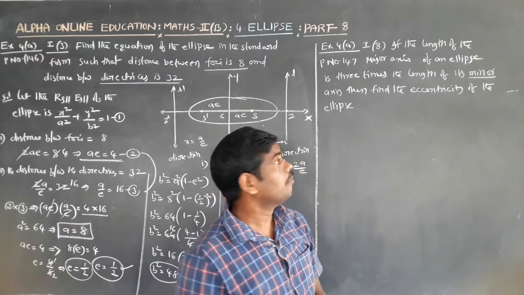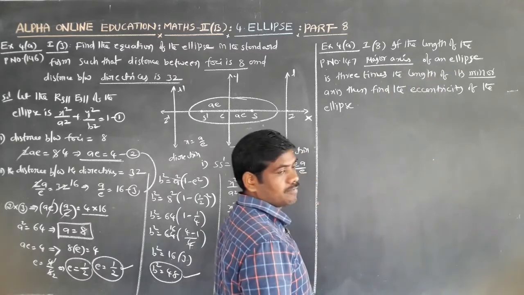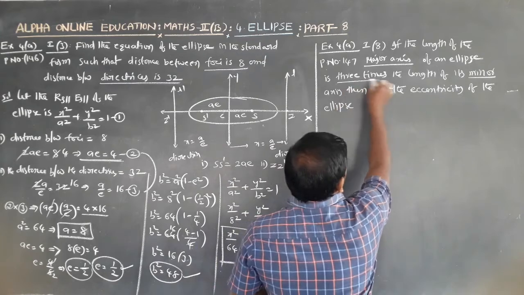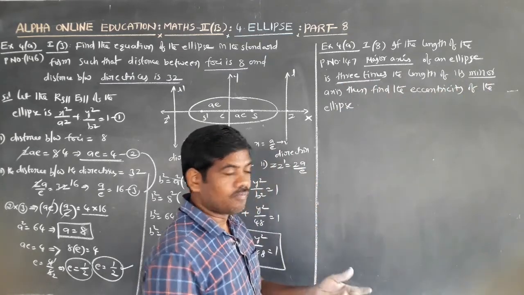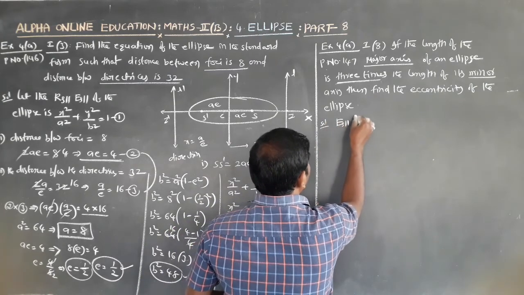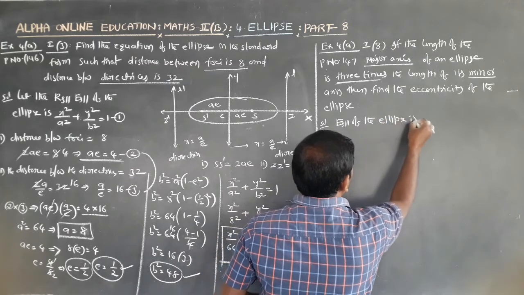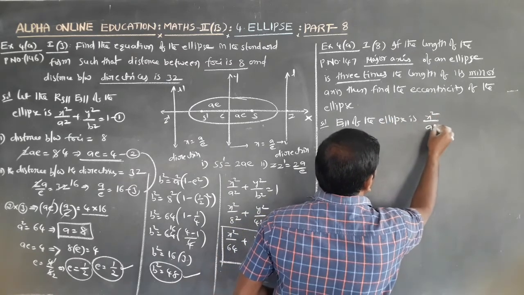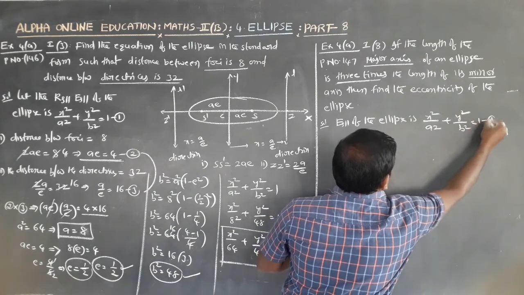Length of the major axis of an ellipse is 3 times the length of its minor axis. Find its eccentricity. Here the equation of the ellipse is x square by a square plus y square by b square is equal to 1.